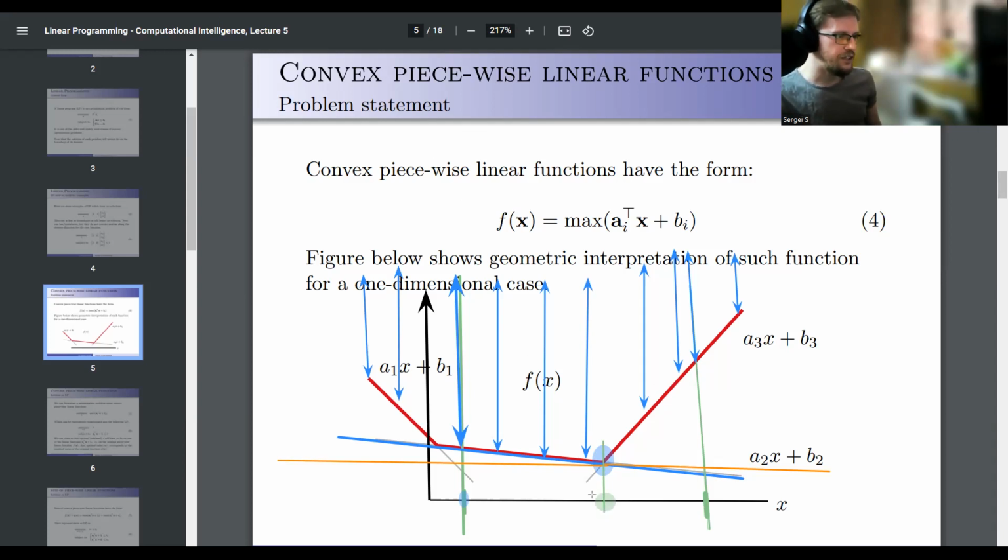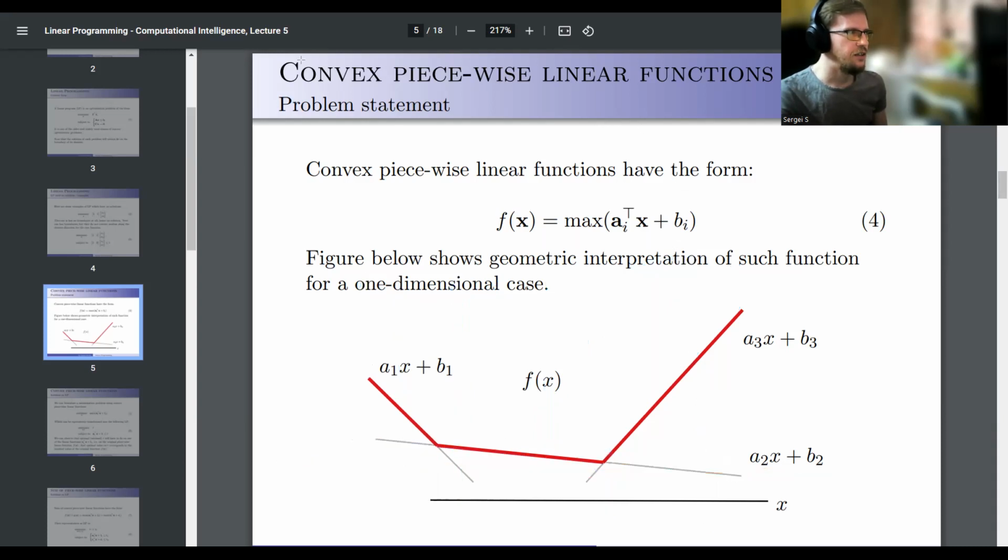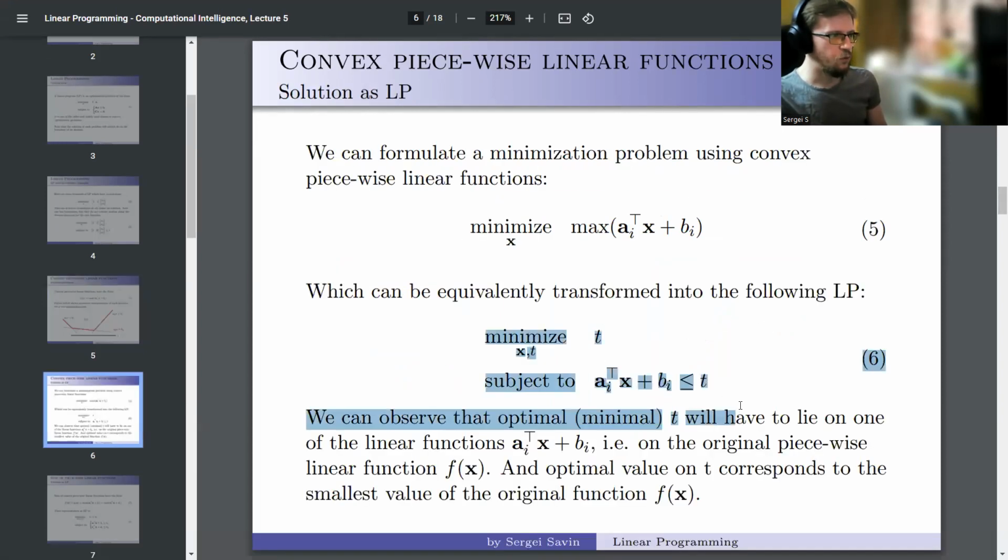The solution to the problem is this. This is the x that delivers the minimum of this function. This is the actual minimum. So this is the minimum, and this is the x. So this is what's going to happen, and that is why this problem would actually solve the original problem.